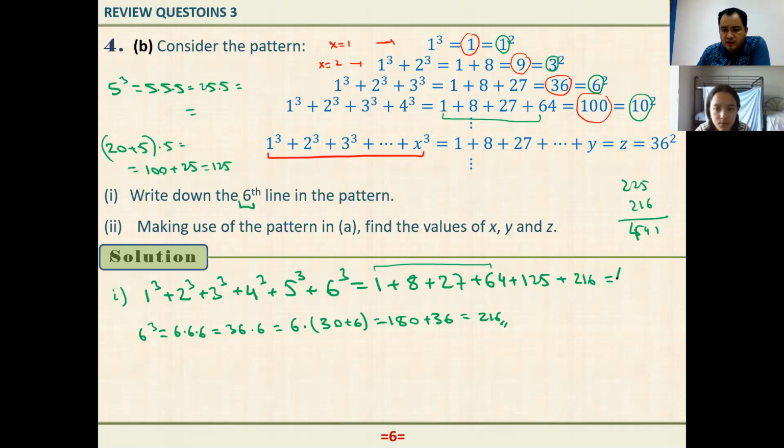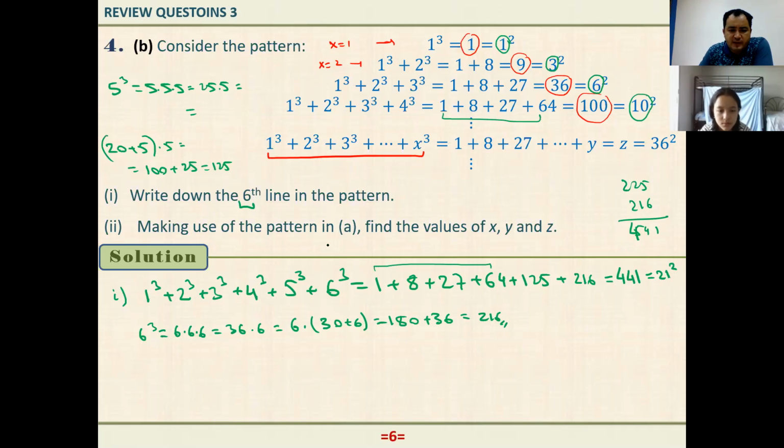That is 441. And what is 441? That is equal to 21 squared. Okay. So now, that is 6th line of this number sequence.